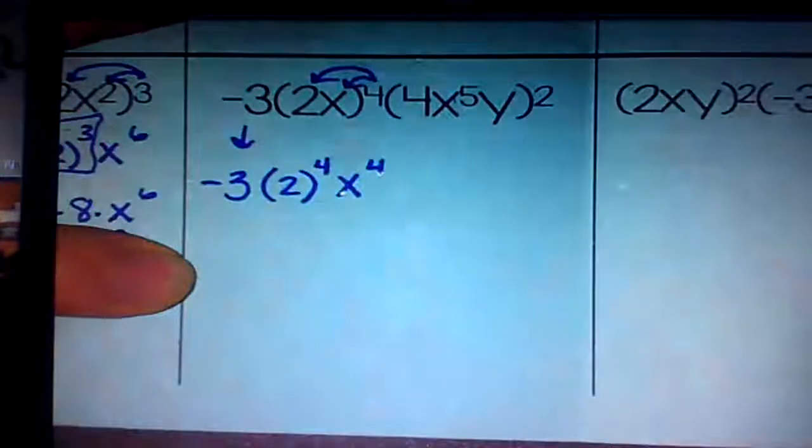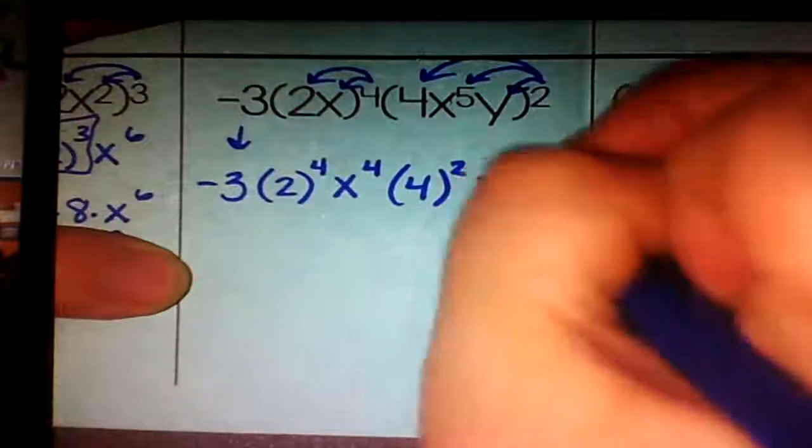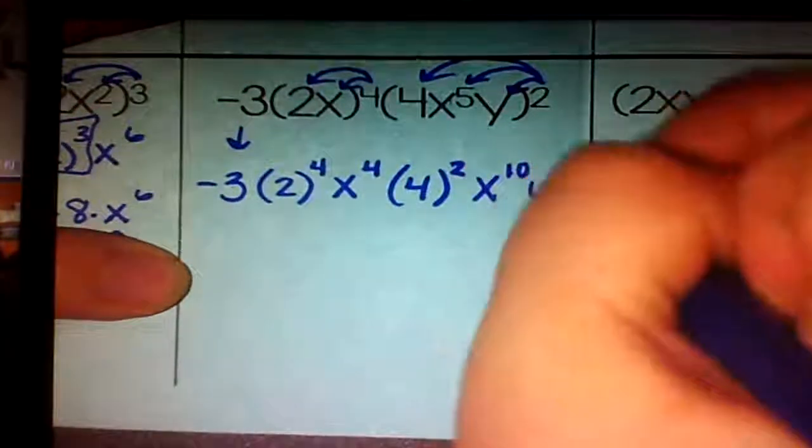Negative 3 times 2 to the 4th times x to the 4th. I also have to do that same thing with this 2. I need to multiply it by every exponent on the inside. So 4 to the 2nd, x to the 10th, y to the 2nd.